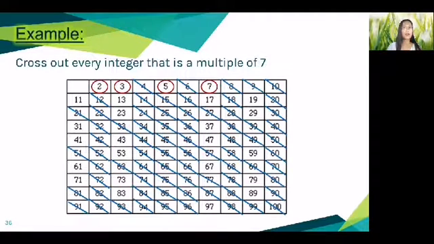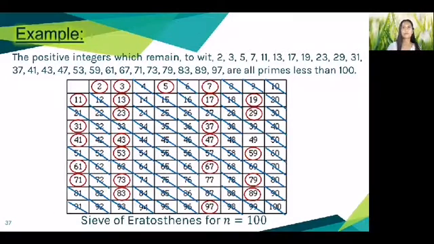Then to find the primes when n is equal to 100, encircle all the prime numbers left and not crossed out. The encircled numbers are called primes.